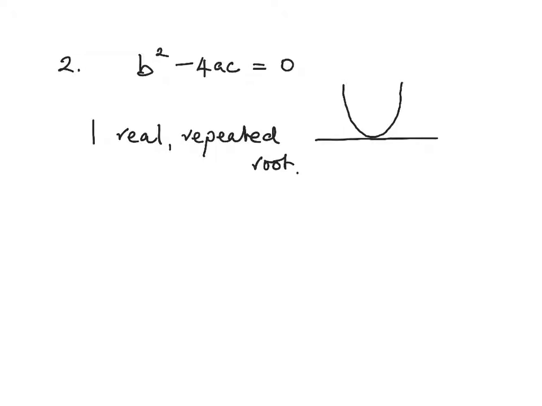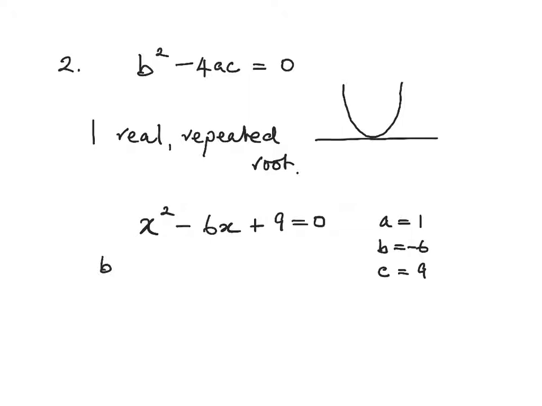An example of that might be x squared minus 6x plus 9 equals 0. Now we know that a has the value 1, b has the value minus 6, and c has the value 9.